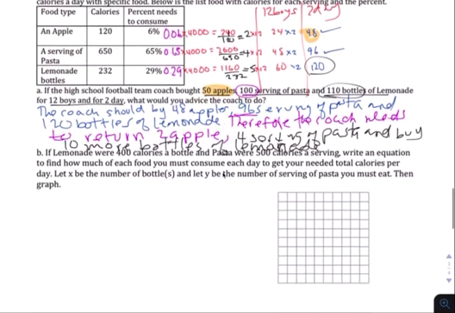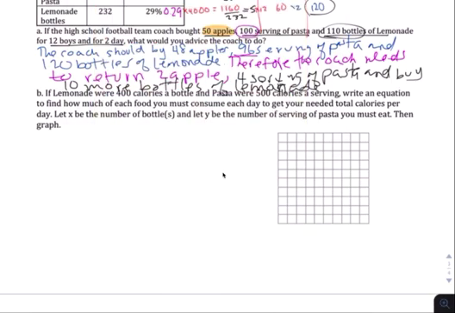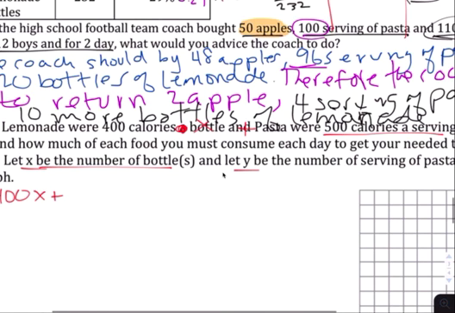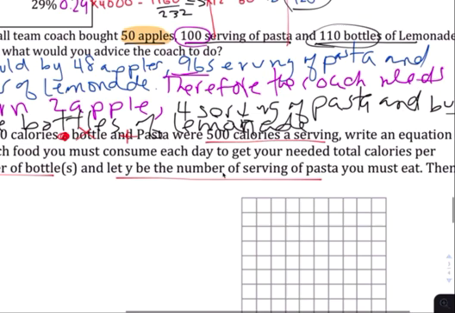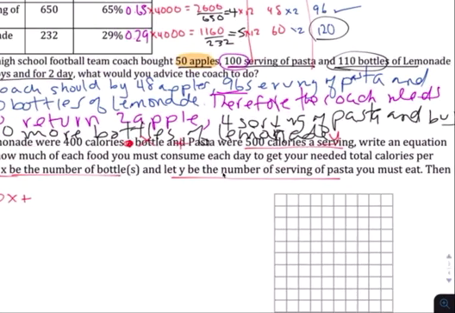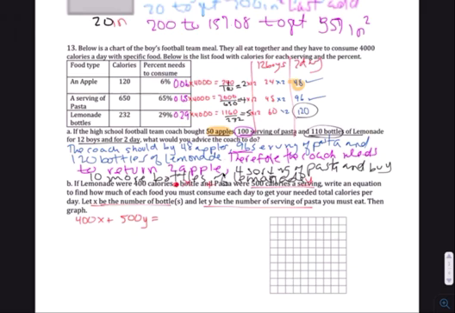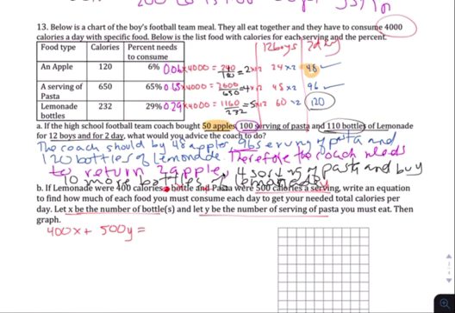Okay? Here, okay, A means times. It's like same as per. So 400 per number of bottles, so X. Calorie per serving of pasta, so Y. 500Y equals total calories of this 4,000 that is up here.